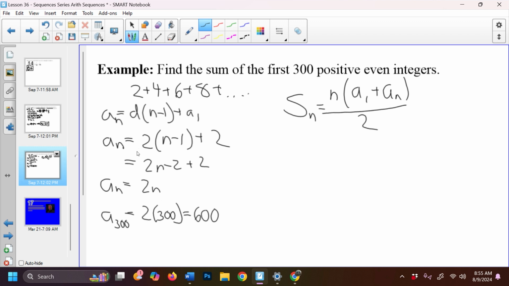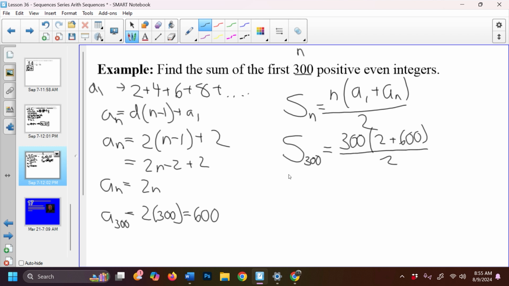And I know that a sub 1, the first term, is 2. I know that there's 300 terms, so that's going to be my n. So s sub 300 will be equal to 300 times the first term, which was 2, plus the last term, which is 600, all divided by 2. So I get 300 times 602 all over 2.